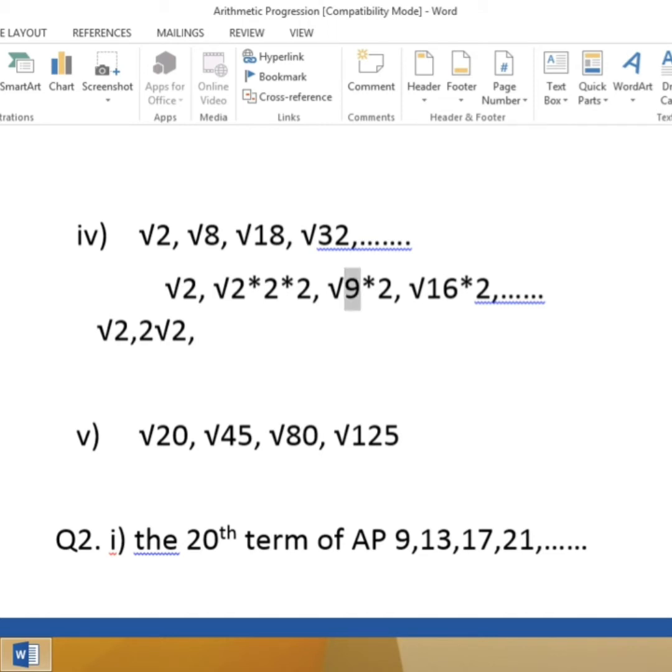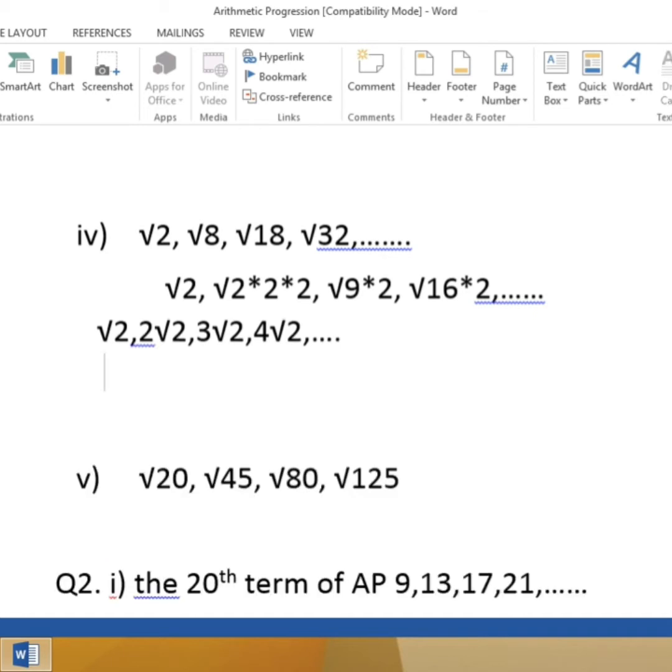Similarly, 3 is a perfect square. 3 into 3 is 9. So 9 becomes 3 square root of 2, because square root of 2 remains over there. Then 16 is again a perfect square. 4 square is 16. So 4 into square root of 2. It goes this way. So now we got the first term and the difference, and we can find the next term easily.